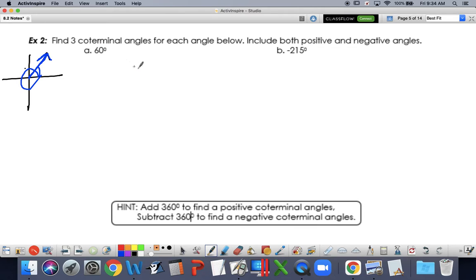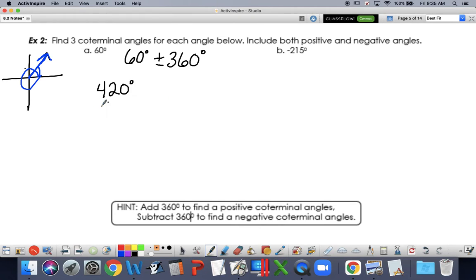So in order to find coterminal angles, all we have to do is add or subtract one full rotation around, which is 360 degrees. So if I add 360 degrees, I get 420 degrees.